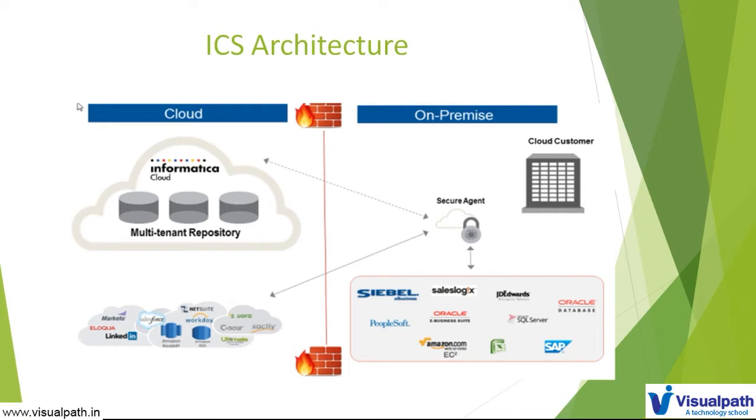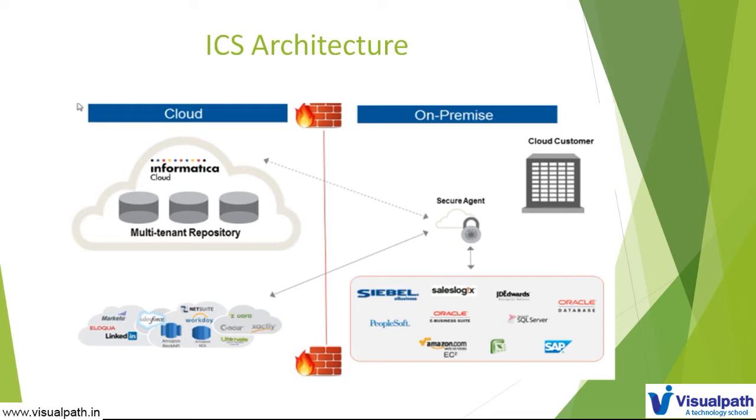If you observe this page, I am showing one secure agent. It acts like a firewall to your organization, so no one can enter your on-premises or server machine and see the data. The secure agent is a small piece of software in Informatica Cloud.